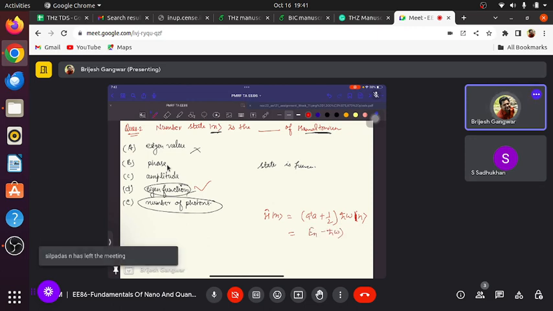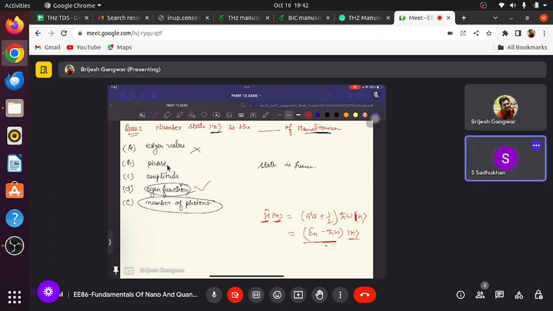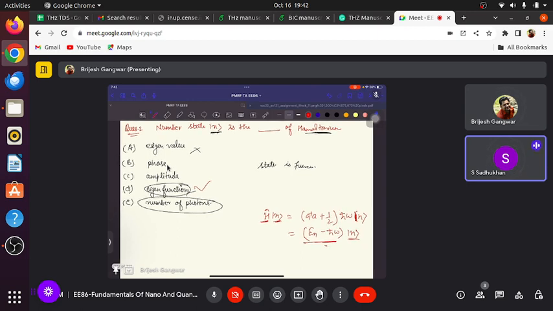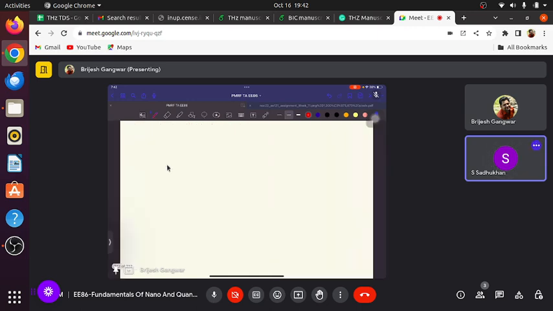So this is the eigenfunction of this operator, and this eigenvalue will be somewhat like this. Okay, it is operating on that Hamiltonian. Fine, got it.